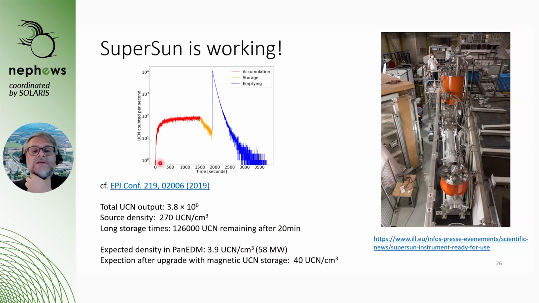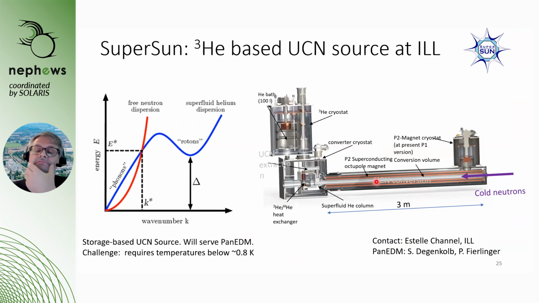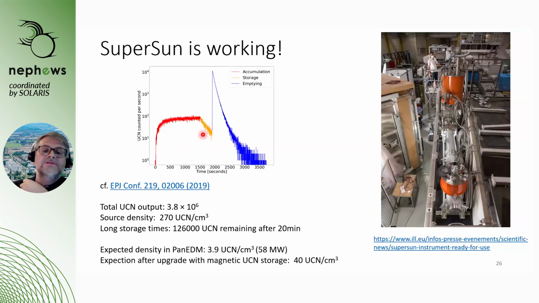Let me just briefly also tell you that it accumulates UCNs in the source vessel for a certain amount of time, in this case 1500 seconds, and then the beam is switched off, and only then you can release the ultra-cold neutrons into the vessel. This is how it's done here. So it's an accumulation and emptying, a spill of ultra-cold neutrons coming out. So clearly this source is well suited to the EDM apparatus, and probably also a lifetime measurement, but for the Q-bounce experiment, this would be challenging because they need a continuous beam.